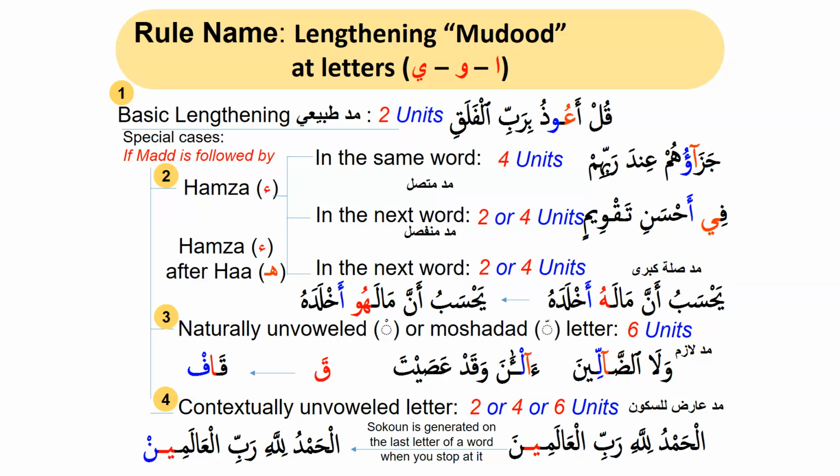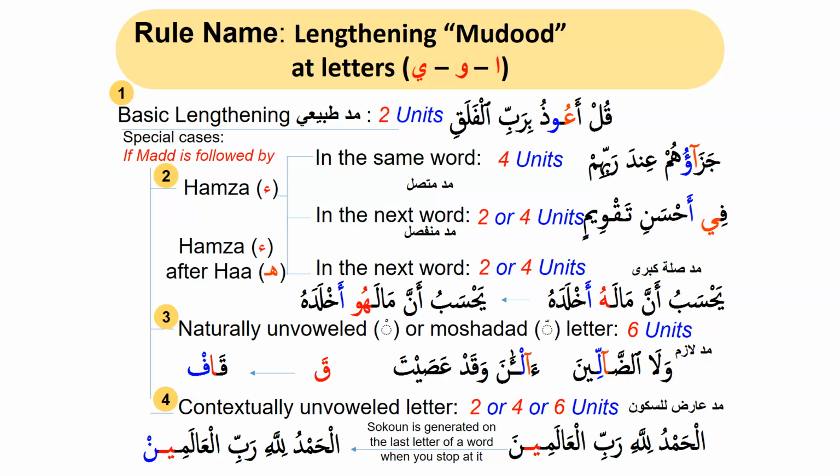Things that separate from each other, or disconnect from each other, are called munfasil. Munfasil is an adjective. So here we have a disconnected mad. What's the rule here? You have the option to keep it as mad tabi'i, 2 units, or to make it 4.